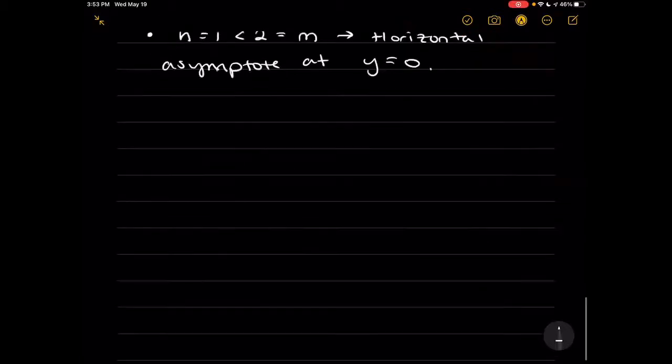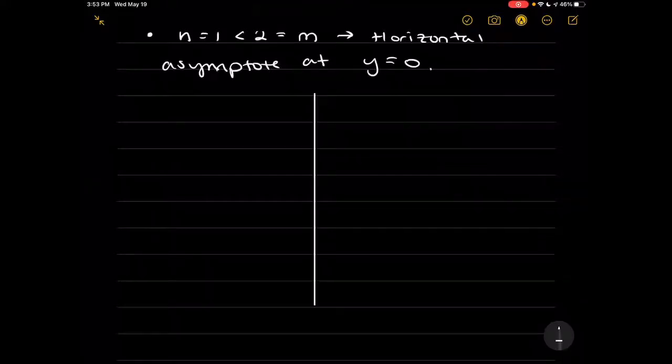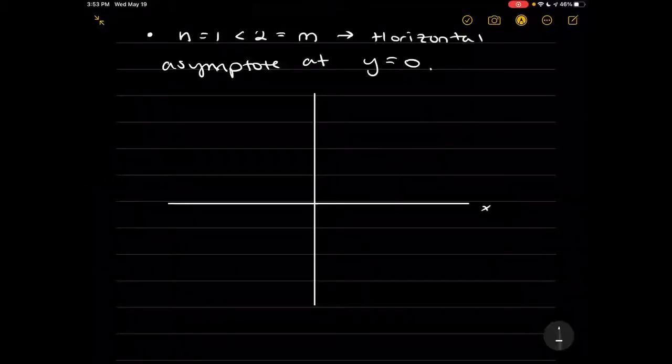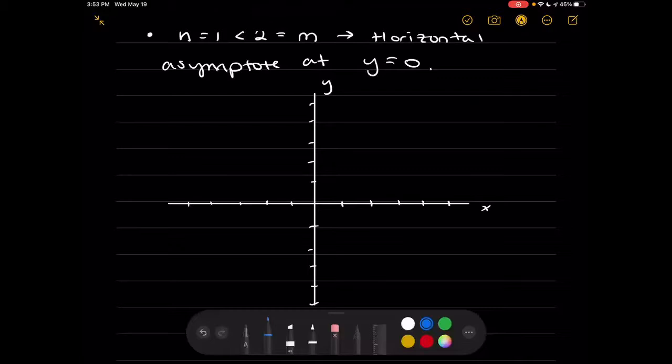All right, so now we can start using this information to graph. So let's make our coordinate grid. Get an x-axis and a y-axis going. Okay, so we said that we have a 0 at x equals negative 3. So that's 1, 2, 3 right here. So we know it's going to cross the x-axis there, but nowhere else.